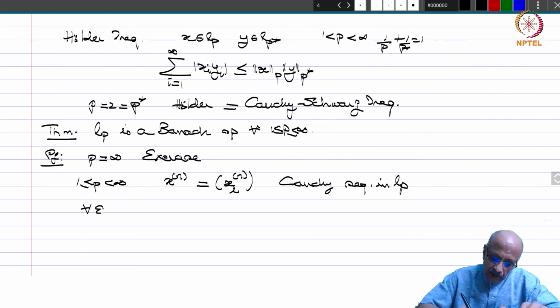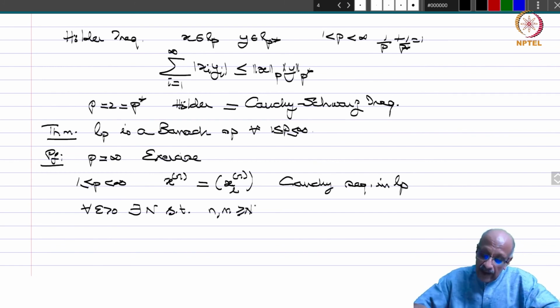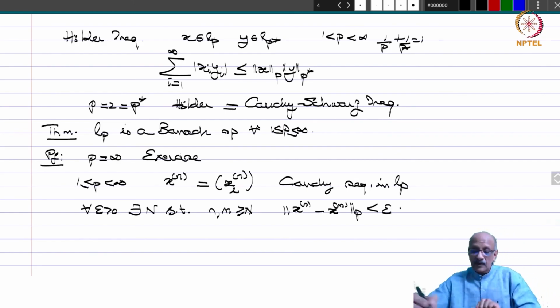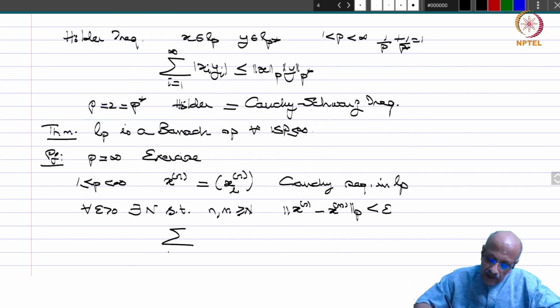For every epsilon, there exists a capital N such that if n, m are greater than or equal to N, we have ||x_n - x_m||_p < epsilon. In other words, the sum over i from 1 to infinity of |x_n^i - x_m^i|^p is less than epsilon^p.